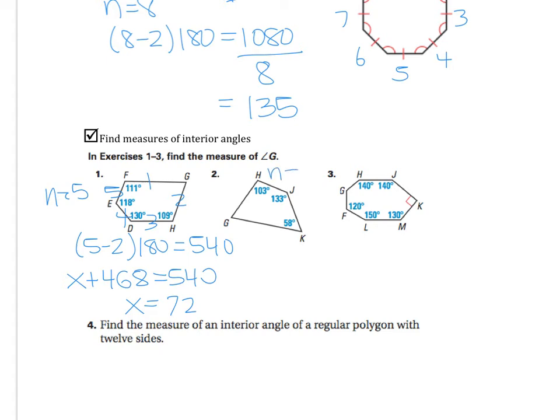Find your n. Find out how much all of them add up to. Add up what you have, call the unknown an x, and then subtract.